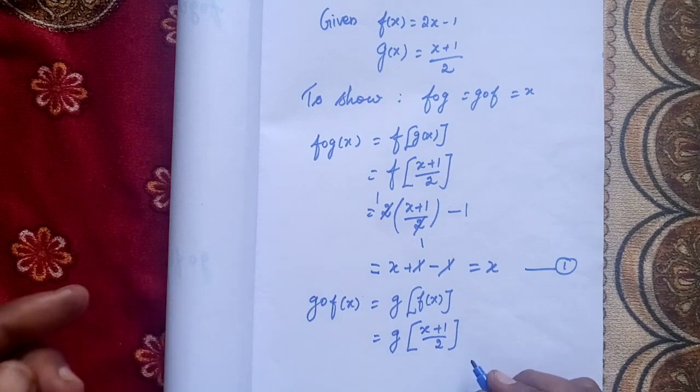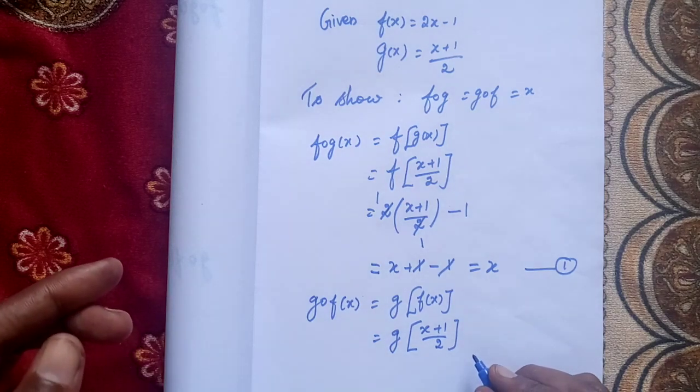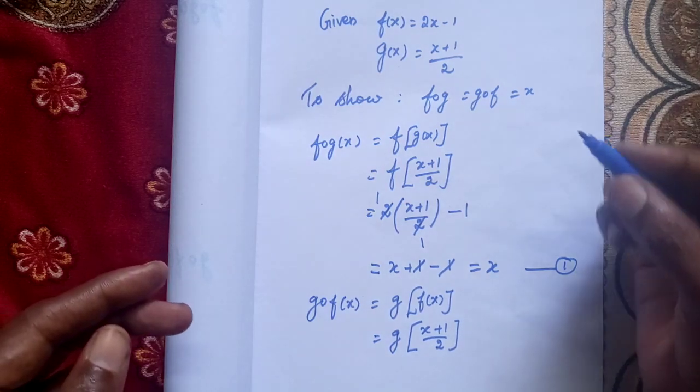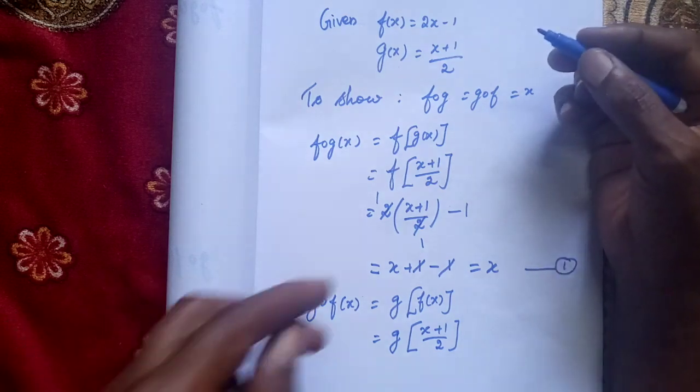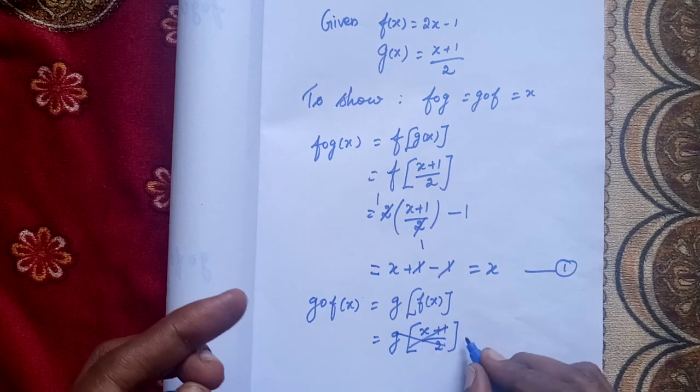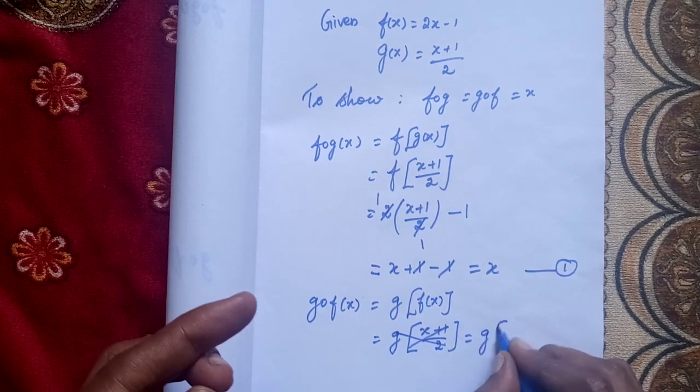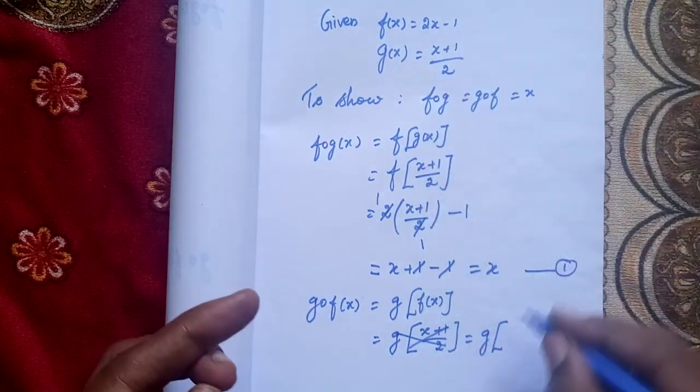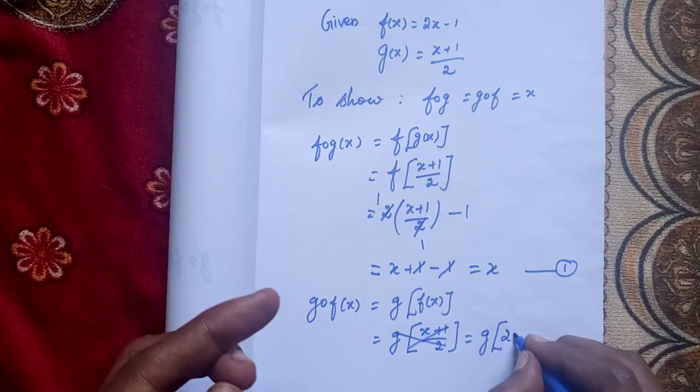G of 2x minus 1. Now, g of x, g composite f of x, g of f of x value substituted here. What is that? 2x minus 1.